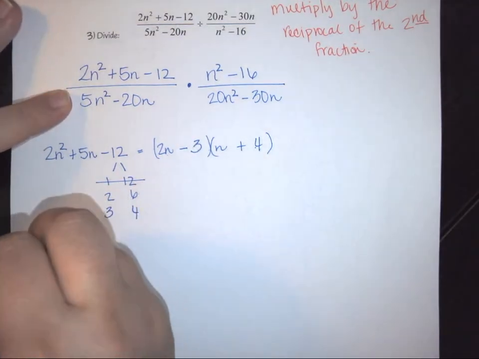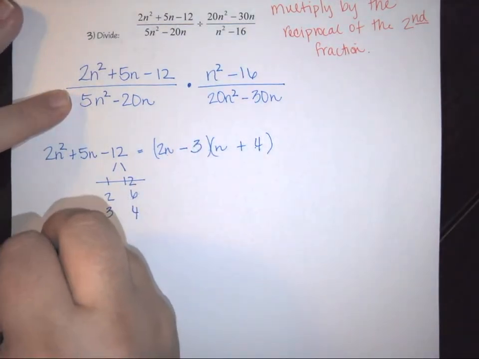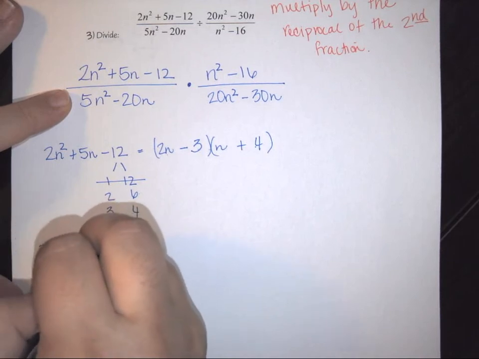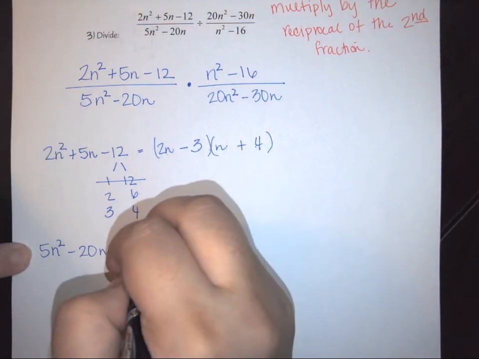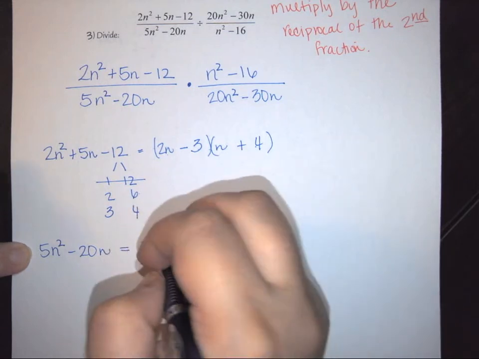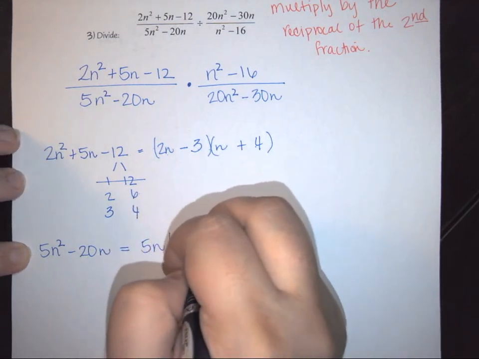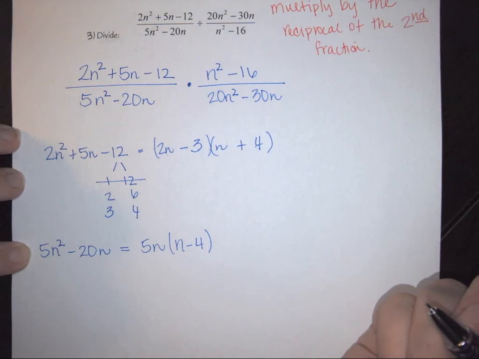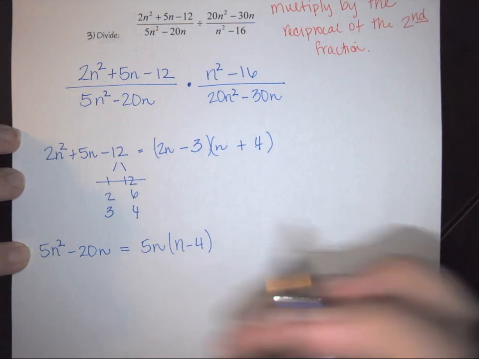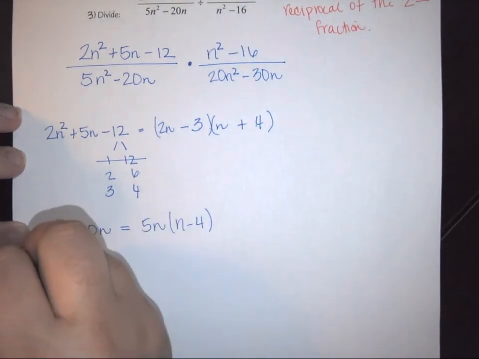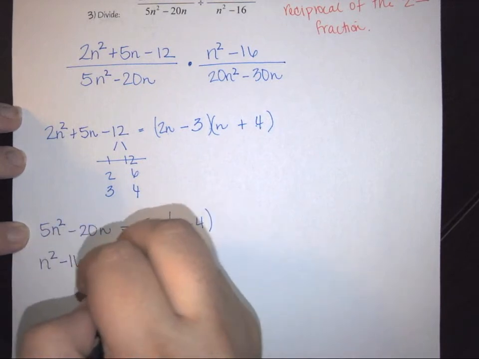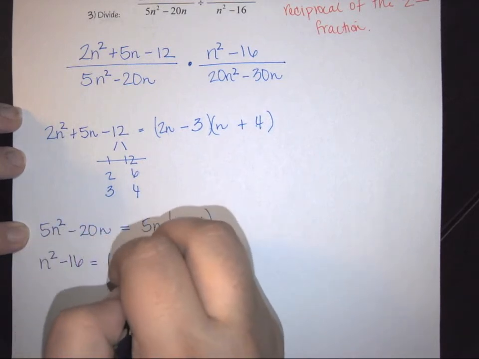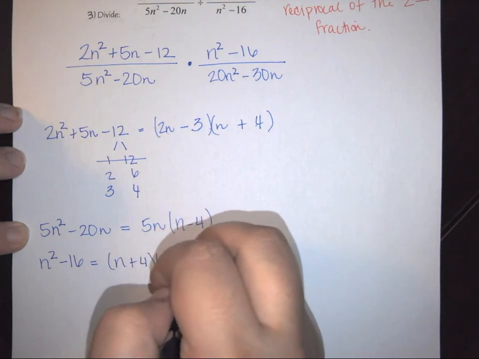Now, I also have 5n squared minus 20n, which is going to reduce to a 5n on the outside and an n minus 4 on the inside. I then have n squared minus 16, which is going to become n plus 4 times n minus 4.